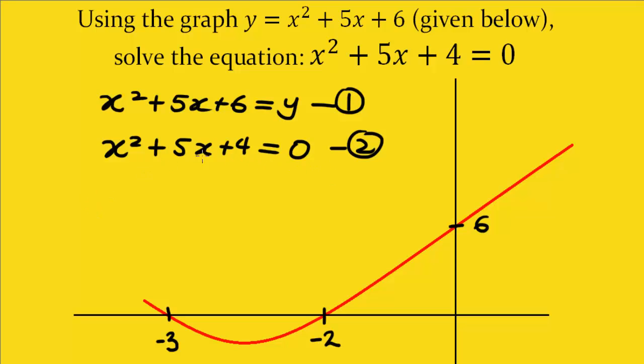In equation 2, the left hand side is x squared plus 5x plus 4. You want this left hand side to be equal to the left hand side of equation 1. So I'm going to add a term to the left hand side and right hand side of equation 2.